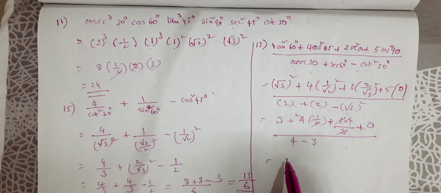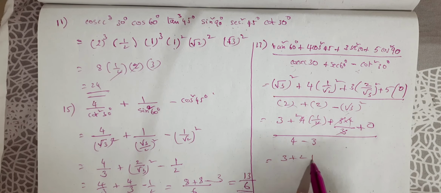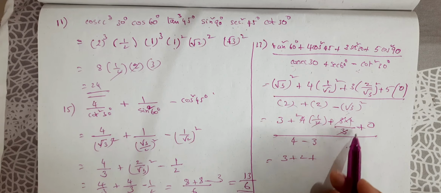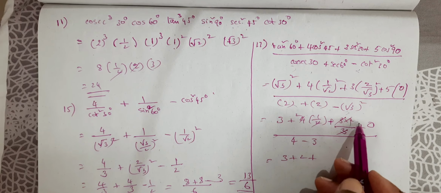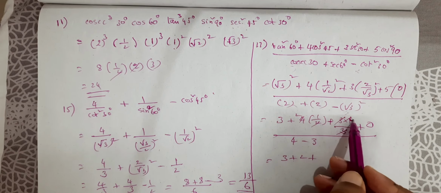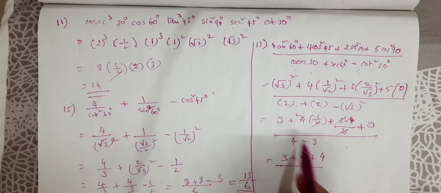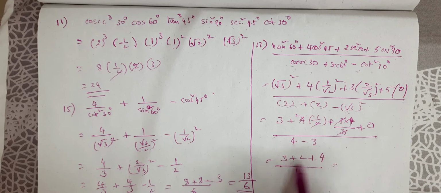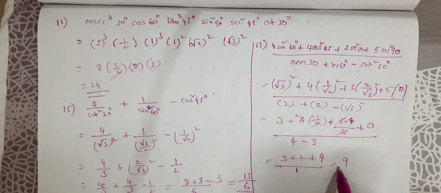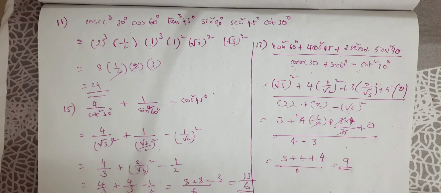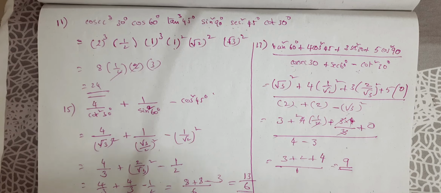So how much are we left with? 3 plus 2 plus 4 by 4 minus 3 is 1. So 5 plus 4, it is 9. So the 17th problem answer is 9.